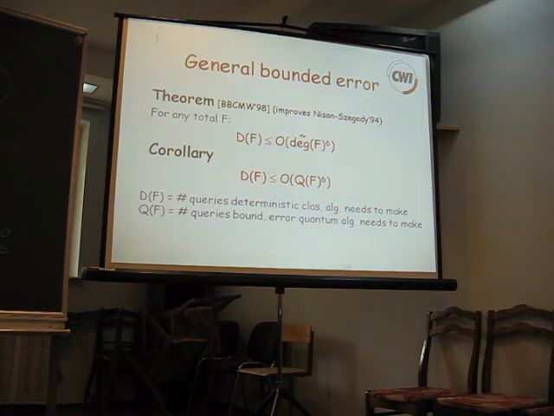But as a corollary, since the approximate degree was a lower bound on the quantum query complexity, you also get that if you have a quantum algorithm that computes f making t queries, then there's a deterministic algorithm that uses t to the 6th many queries. So in particular, for total functions in this black box setting, you cannot have an exponential speedup.